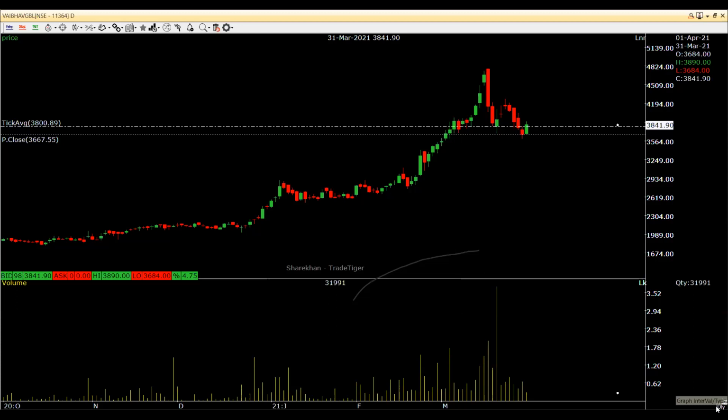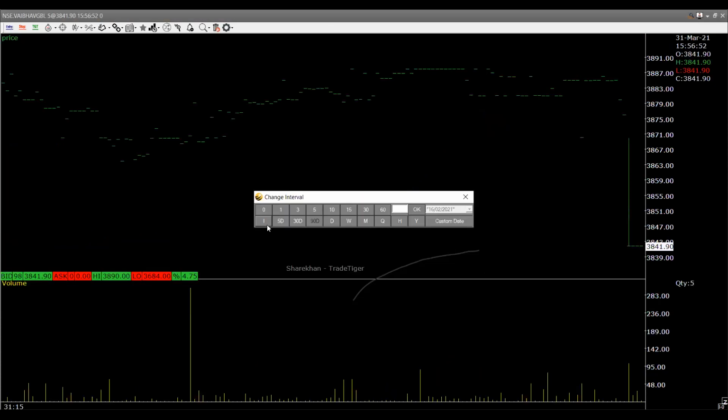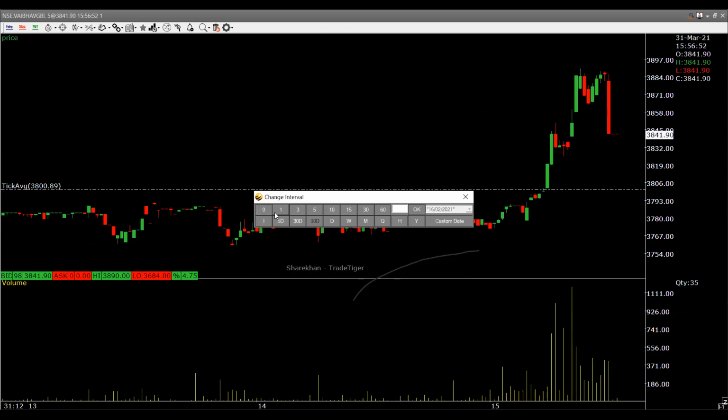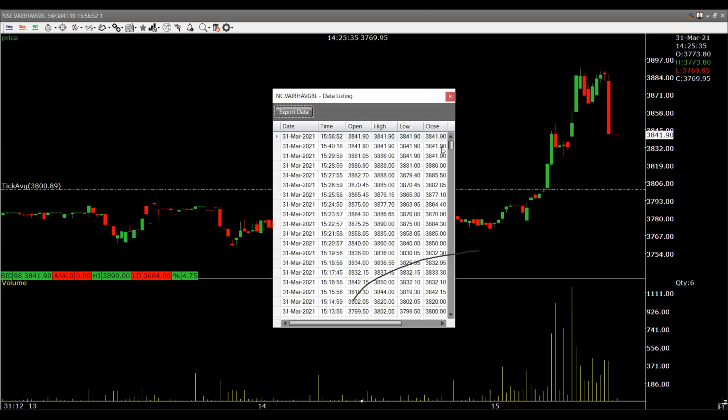Now I can convert this to a per second, intraday per day, one tick. So this is a 1 day chart. Now if I see this data, for every second I will get the data.